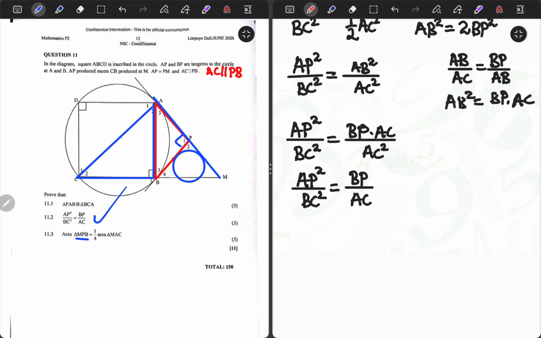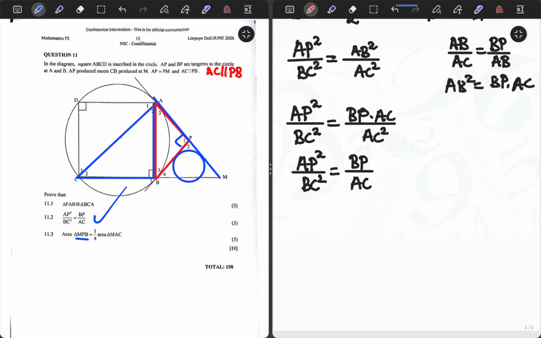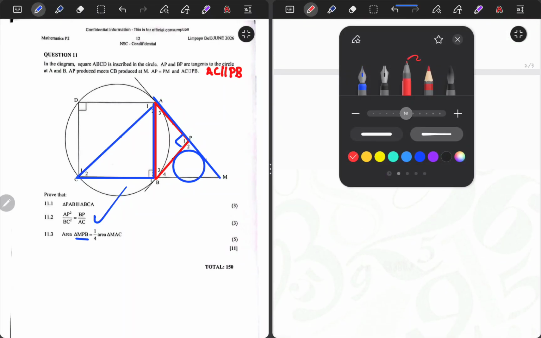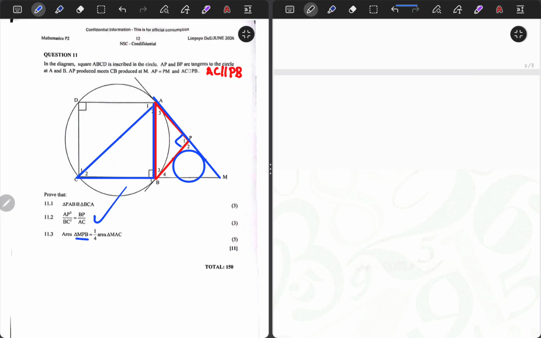So this is number 3. And MAC. The two will share the same base, which is AM.